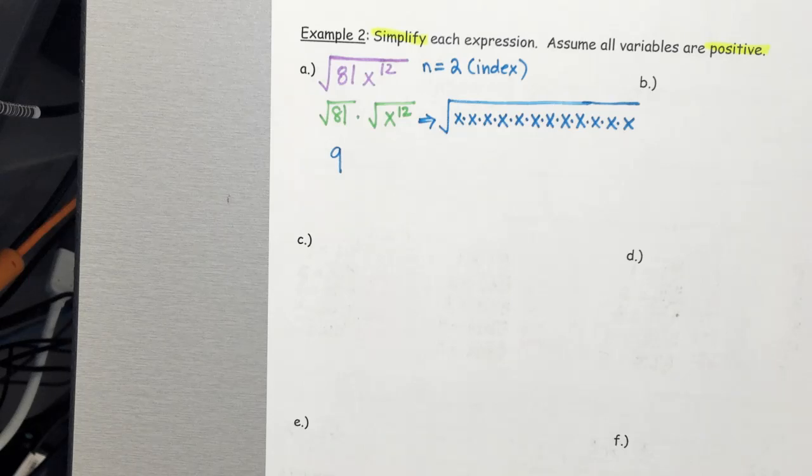Okay, and we're going to use that same concept. If the index is 2, you need a group of 2 in order for those to come out. So we're going to circle groups of 2, and anytime there's a group of 2, we're just going to take that out. Okay?